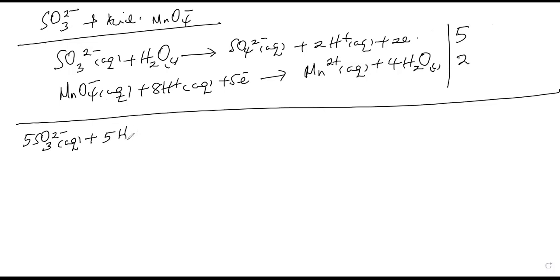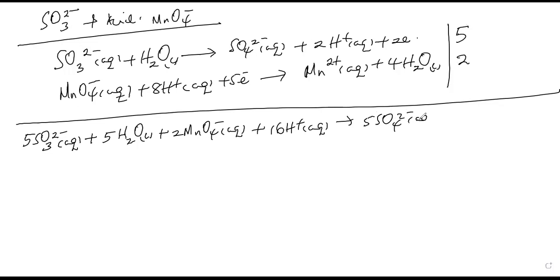First write it like that. Plus 2 manganate plus 16 hydrogens, giving 5 sulfate plus 10 hydrogen ions plus 2 manganese 2 ions, then plus 8 water molecules.